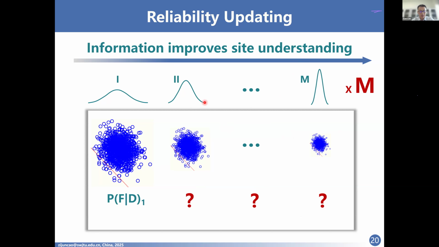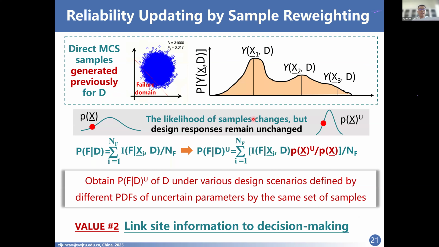For this scenario, the calculated reliability is changed as well. The updated reliability can be recalculated by repeatedly performing Monte Carlo simulation or other reliability methods with different probability distributions. This may be computationally expensive, particularly for direct Monte Carlo simulation. Alternatively, this can be achieved by reweighting samples according to the updated probability distribution.